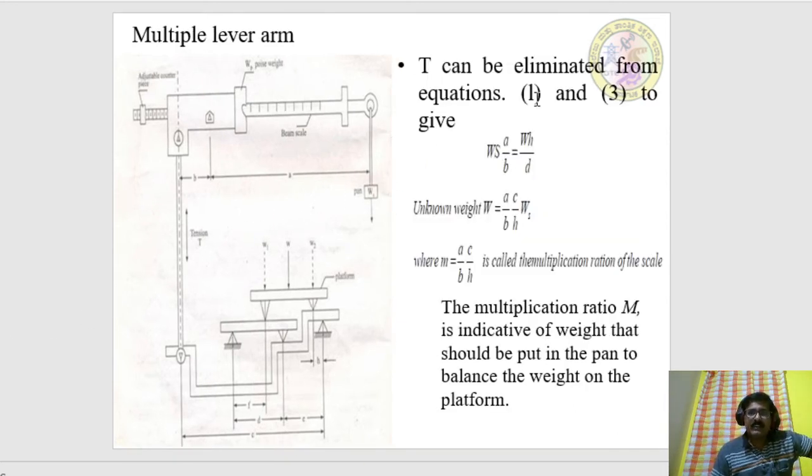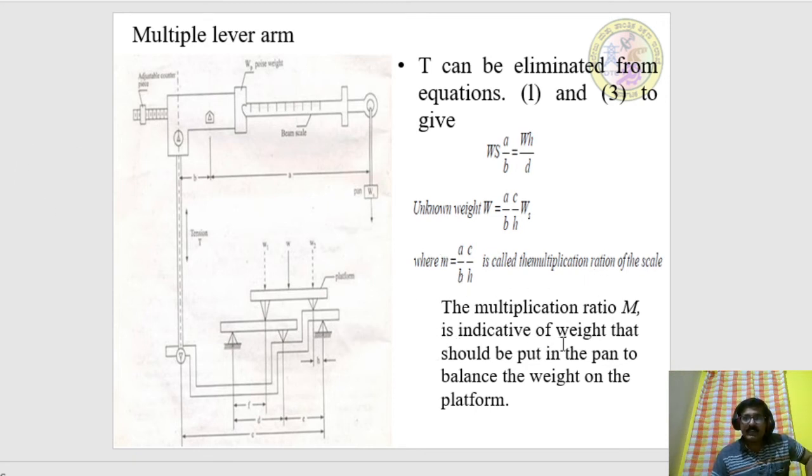Now it can be eliminated from equations 1 and 3 to get WS A by B is equal to WH by D, where the unknown weight W can be represented as the ratio of A by B into C by H into WS, where M is equal to the ratio of A by B into C by H, which is called the multiplication ratio or factor for the scale.